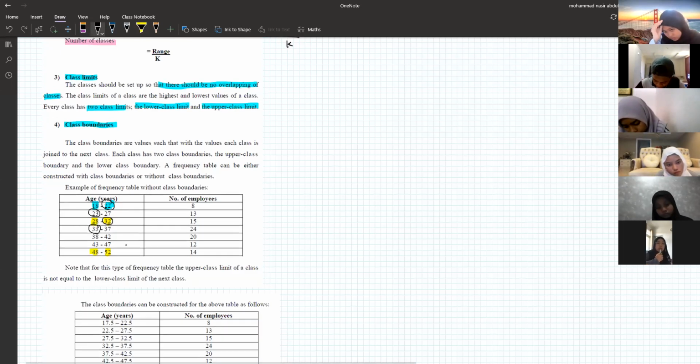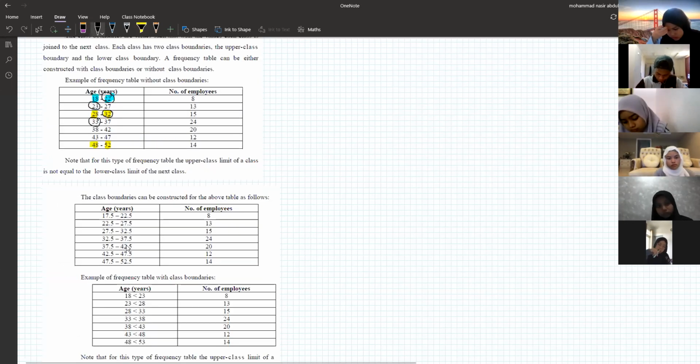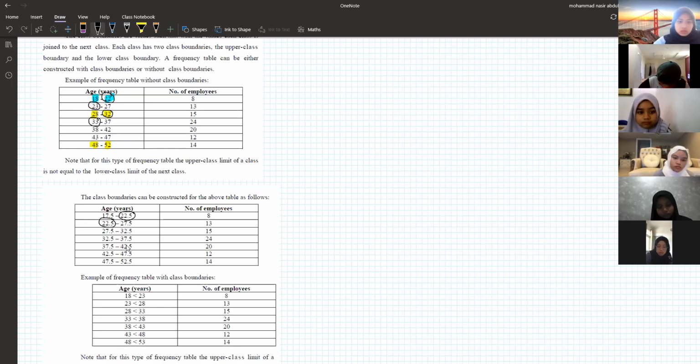For class boundary, if you look at this one, the upper class limit for the first class is equal to the lower class limit for the second class. The upper class limit of this class is equal to the lower class limit of the next class. So this is what we call a class boundary, right? So for this class, we have a class boundary. For this table, we don't have a class boundary. We only have class limit. Can you differentiate between class limit and class boundary? Right?